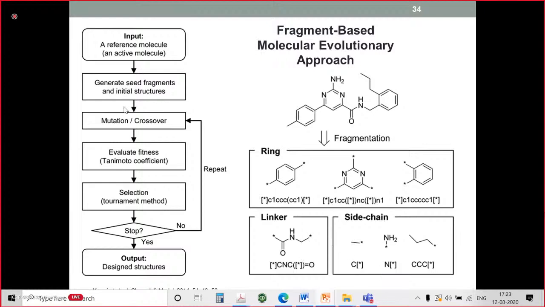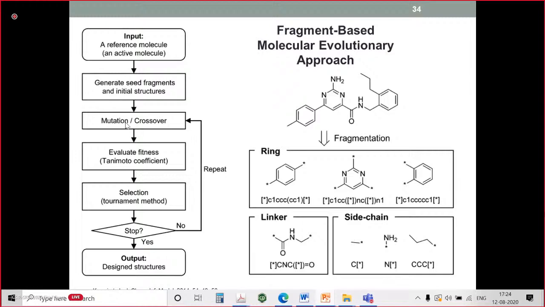Then these are converted again into structures, meaning some fragments are joined together to find another structure. And that is done later on the basis of mutation or crossover. Mutation means change in a particular position with another ring or another side chain.